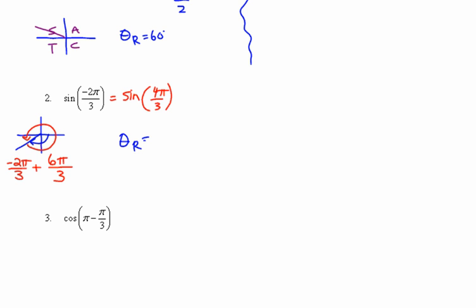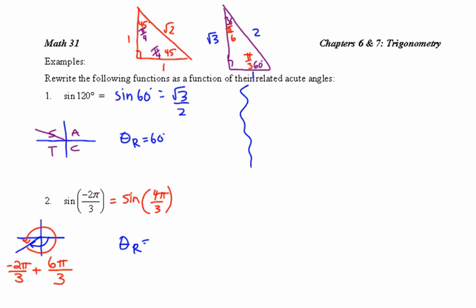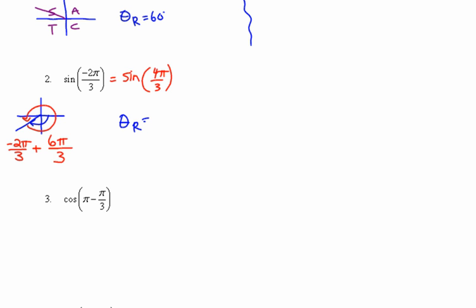So then you know it's equivalent to 4 pi over 3. Looking at this, what's my reference angle if it's 4 pi over 3? You just look at the denominator. It'd be pi over 3. It's going to be pi over 3, pi over 6, or pi over 4. So we know we have pi over 3.